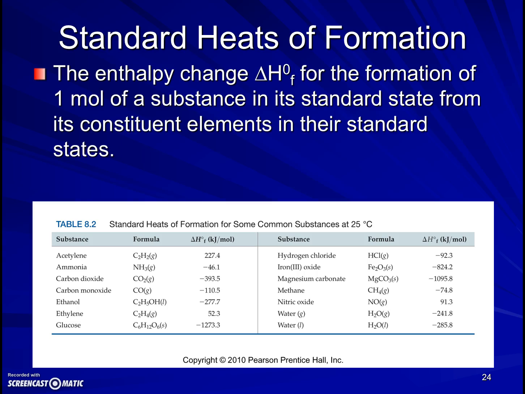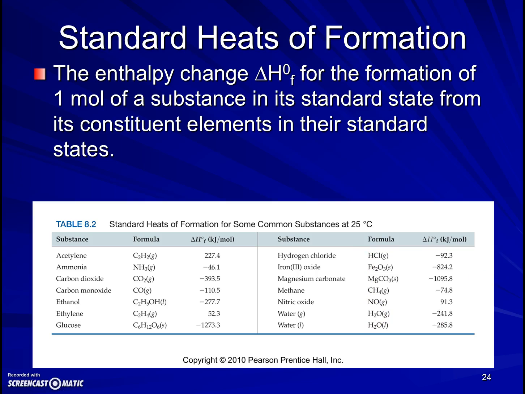But what's going to get us to some of these kinds of problems is a table that we'll find not only in chapter 9 in our book, but chapter 8 in this older book I got this information from. These are the enthalpies of reaction for making 1 mole of each of these substances from the elements at standard state.